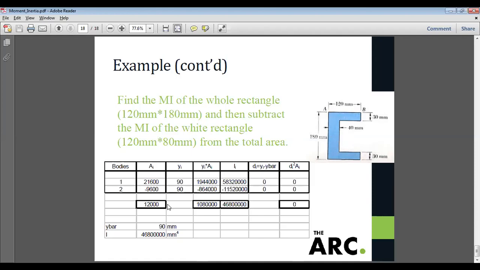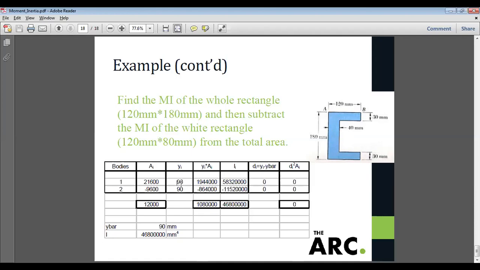Now we'll come to the y_i. From bottom to top it will be 180 by 2, that is 90. Similarly, this will also be 90 from here to here. Both cases 90.